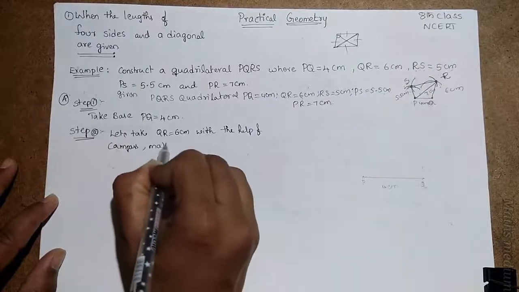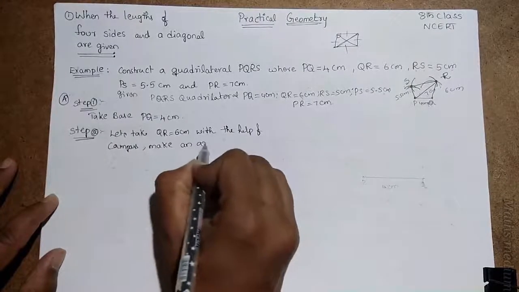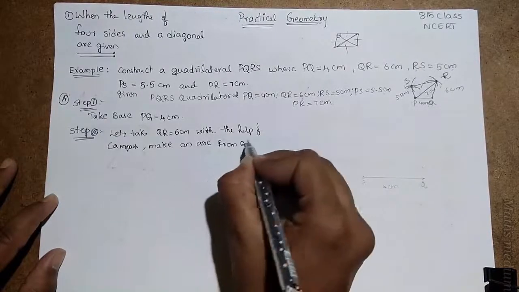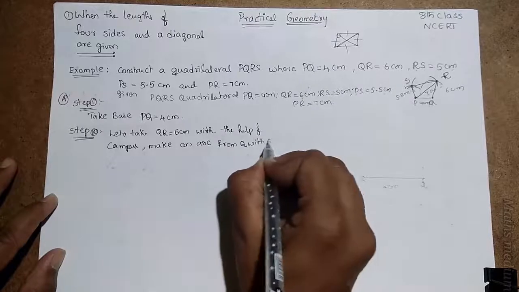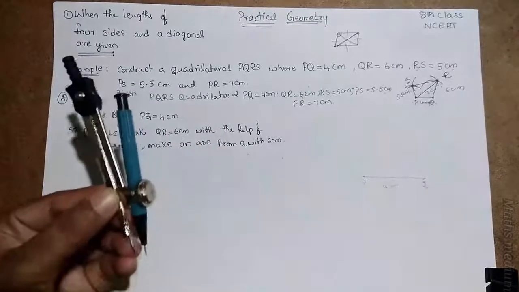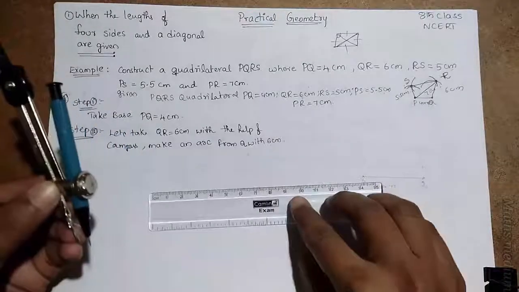Make an arc from Q with 6 centimeters. So take a compass and take a scale also.